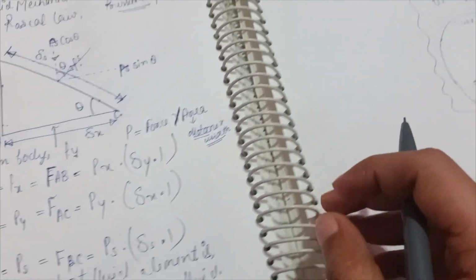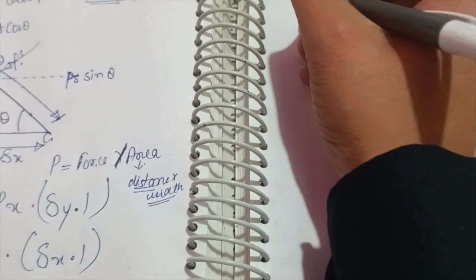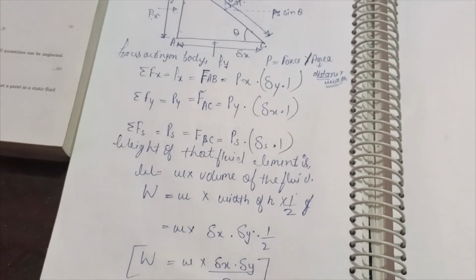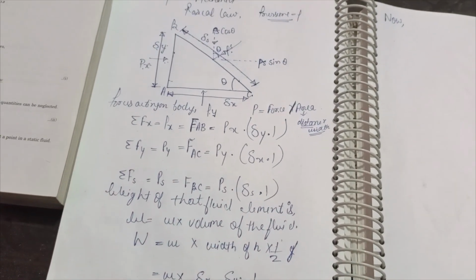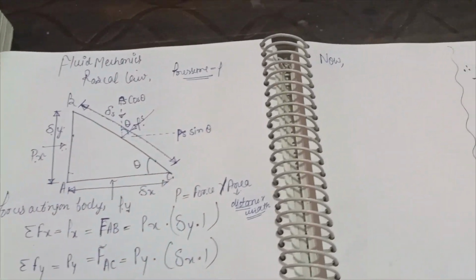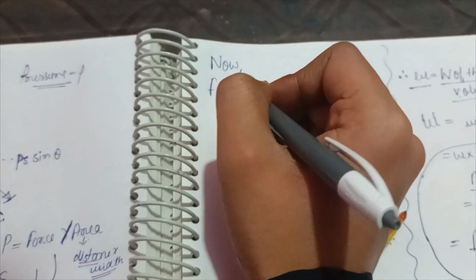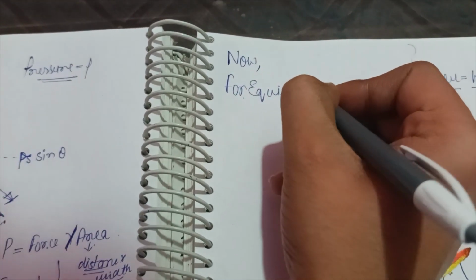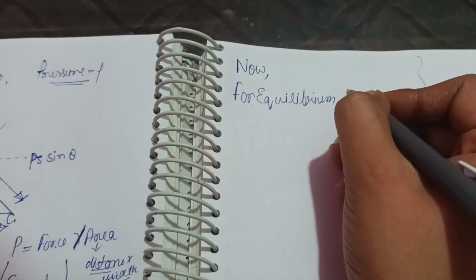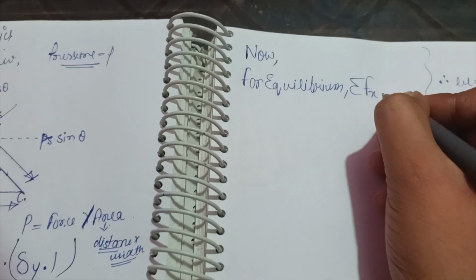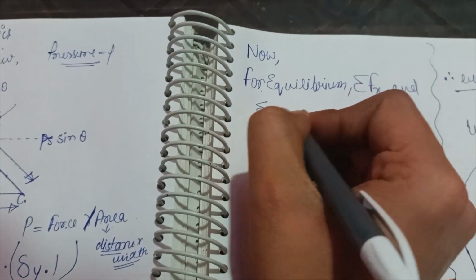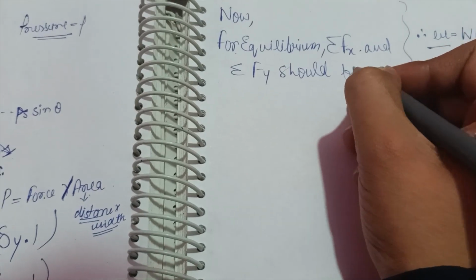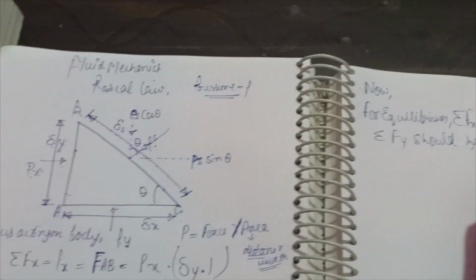After all of that, we have every required thing to derive Pascal's law. For equilibrium, sigma Fx and sigma Fy should be equal to 0.